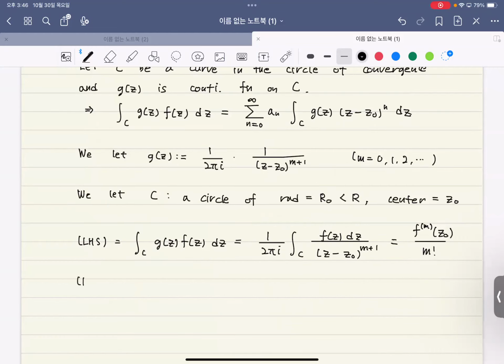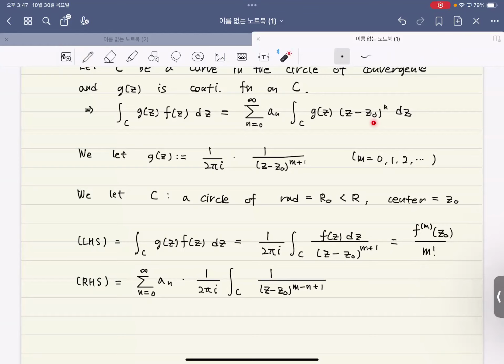Okay, for the right-hand side, which is the sum from n equals 0 to infinity, a_n times 2 pi i, I have (z minus z0) to the m minus n plus 1, right?